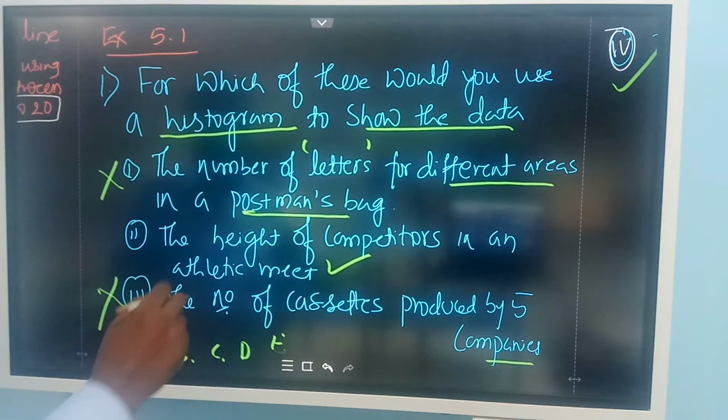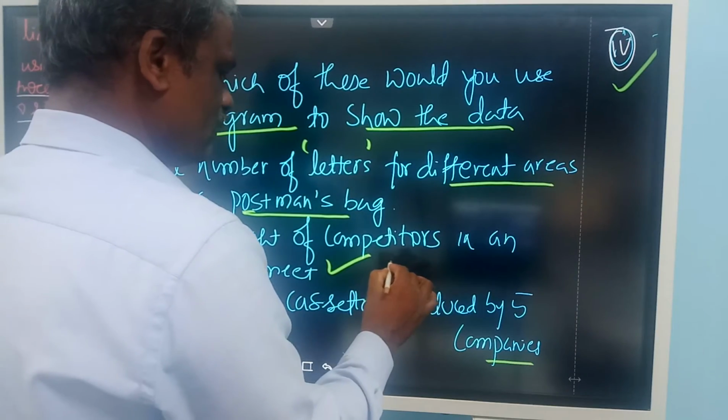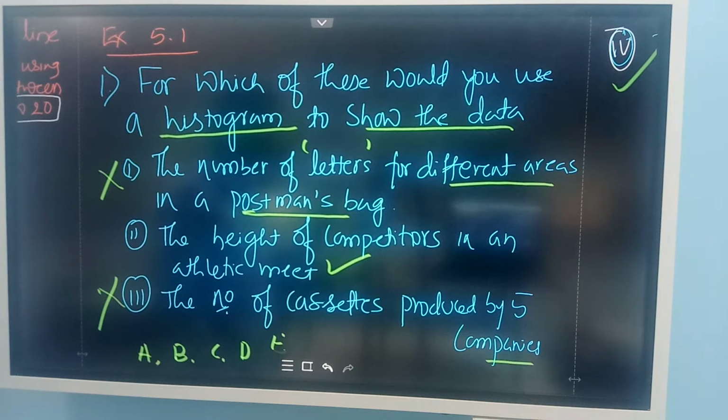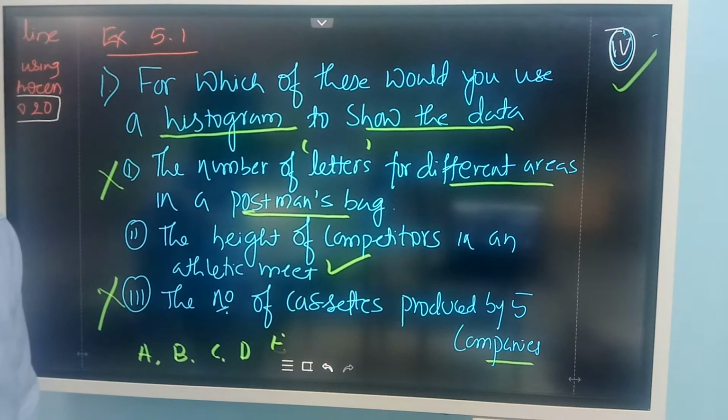Grouping is possible for the height of the commutators, where you can make class intervals. Is it clear? That is the reason. I think all of you understood this.